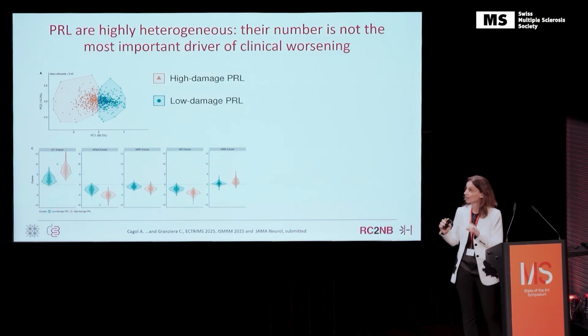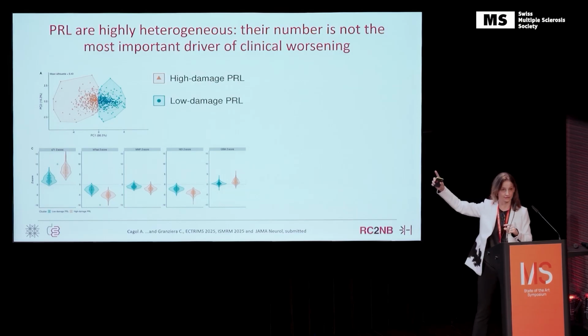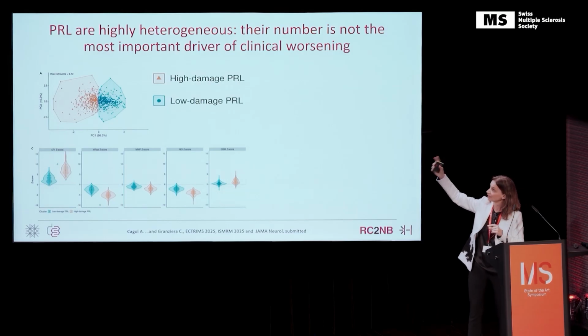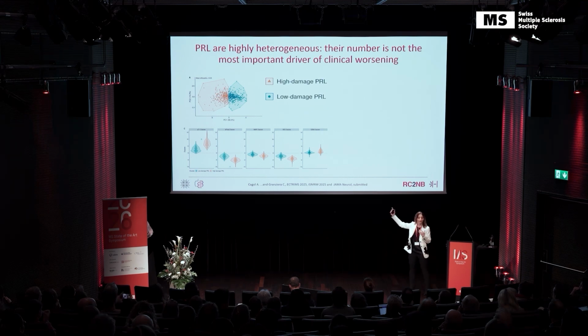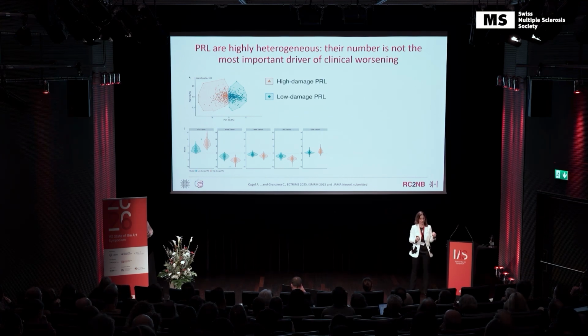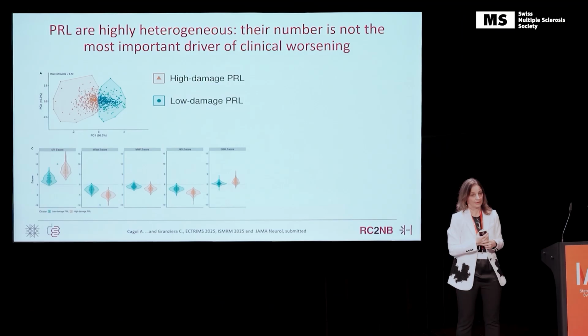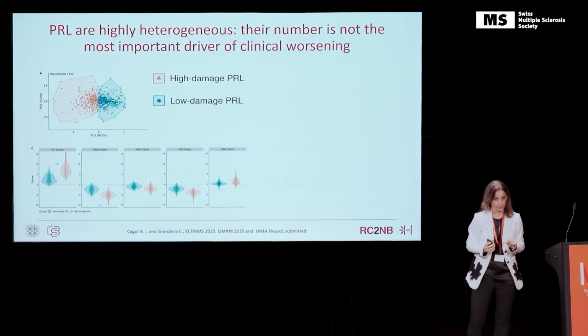They are different, and you can cluster them. There are essentially 2 clusters. You see them, the orange and the blue cluster. And if you look at these microstructural biophysical measures that I told you before, in these 2 clusters, you see that they are different. That's why we called one cluster, because this is what the measures are telling us, high damage PRL, and the second cluster, low damage PRL.